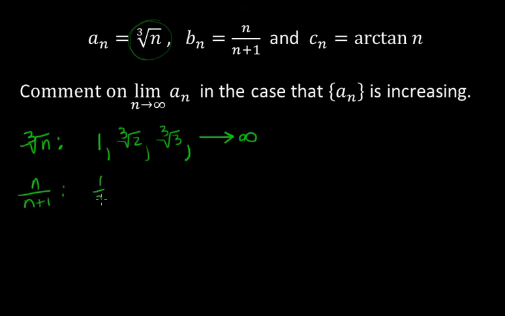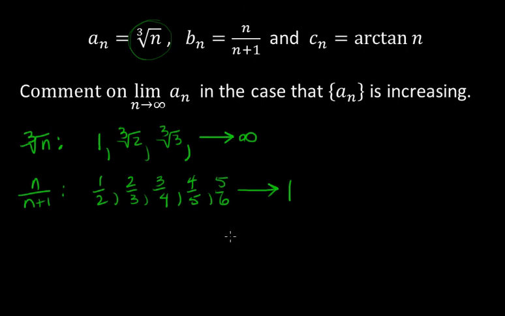The next one, we have n over n plus 1. So let's write out a few terms. We have 1/2, and then we have 2/3, and then we have 3/4. And well, n over n plus 1 never gets bigger than 1. But look, it continues to increase. 4/5, 5/6, and we know that it does converge. The limit is 1.